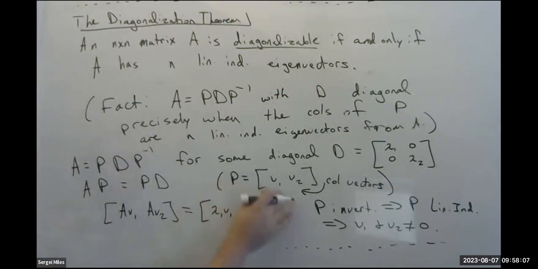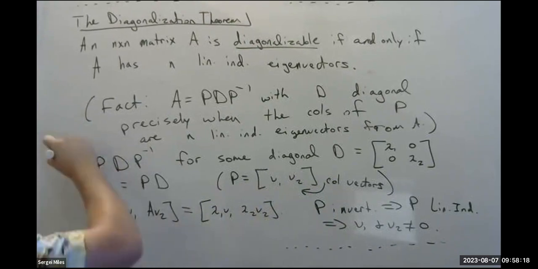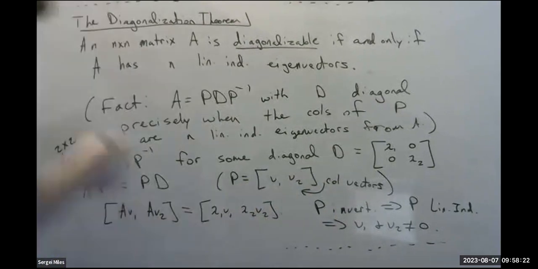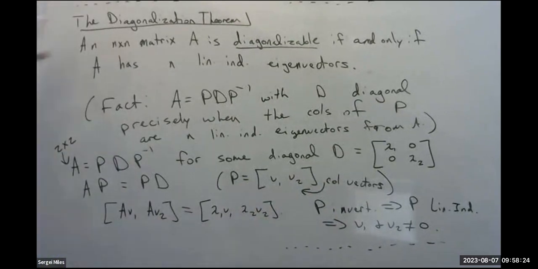In fact, your matrix P is made out of eigenvectors. But these are linearly independent, and I have 2 of them. And this is an example drawing I just made up. This was a 2x2. So I have 2 linearly independent eigenvectors, which is exactly what the theorem says I should have, right?